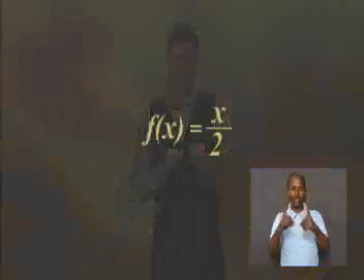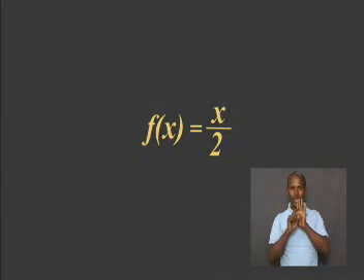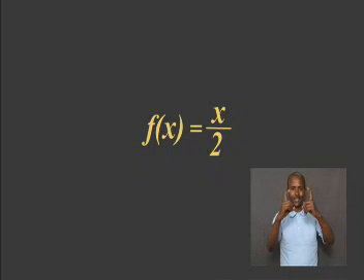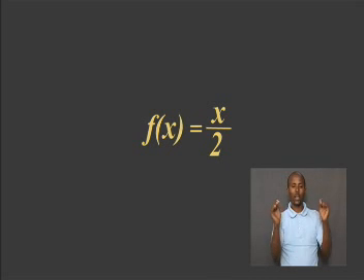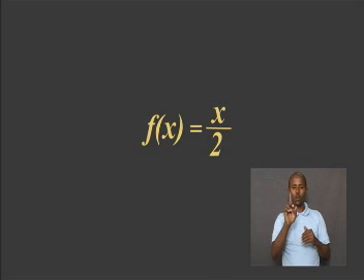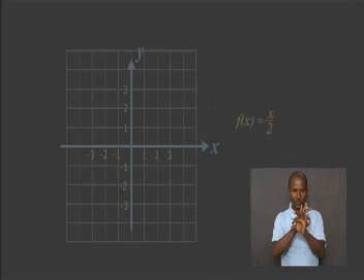It is called the horizontal line test. For instance, using the horizontal line test, let us check whether the function given by f of x equals x over 2 is a one-to-one function.